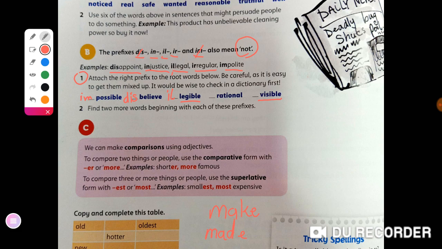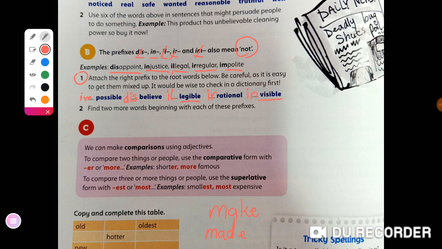Rational. Is it irrational or inrational? A dictionary. Of course, if your answer is irrational, then you are completely right. So the last one is visible. The opposite of it is invisible, something that you cannot see or unable to see.